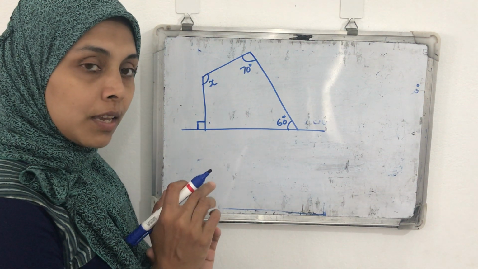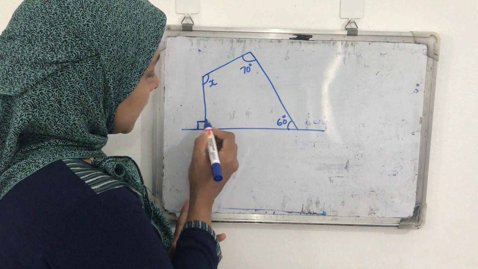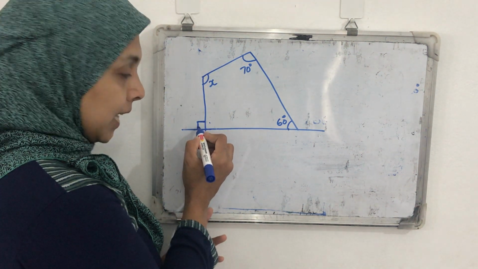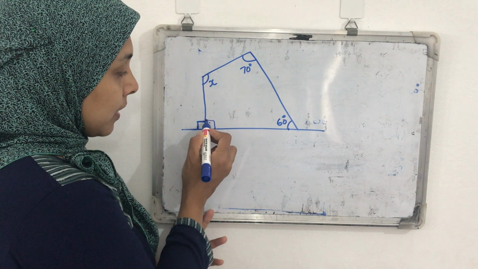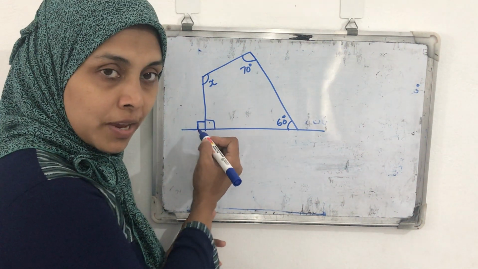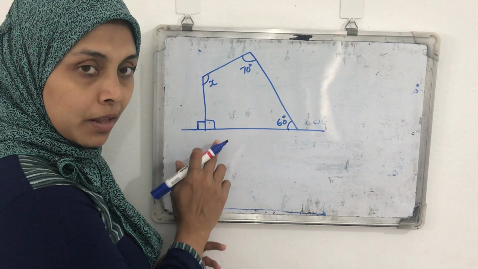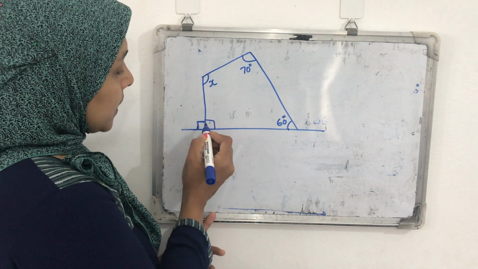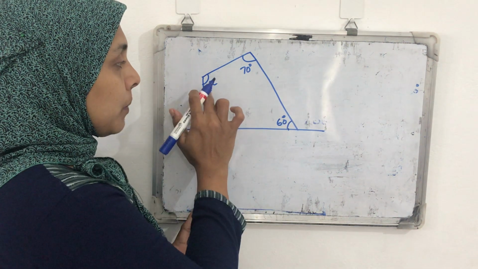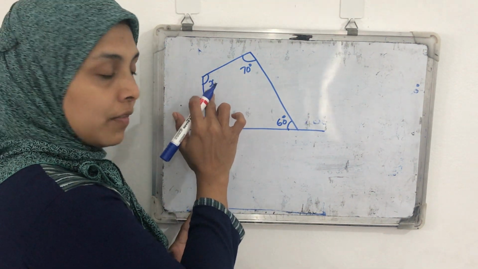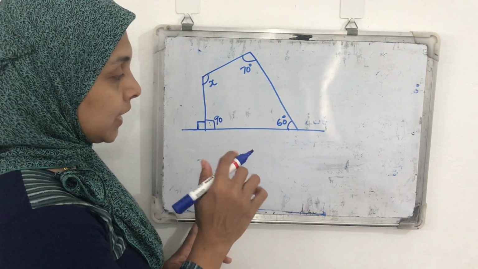Can you imagine? Yes, that we learned. What are these angles? This is a linear pair. If this angle is 90 degrees, what will this angle be? The sum of these 2 angles will be 180 degrees, because they form a linear pair. So this angle also will be 90 degrees. Then we can find the remaining angle x by adding these 3 and subtracting from 360.